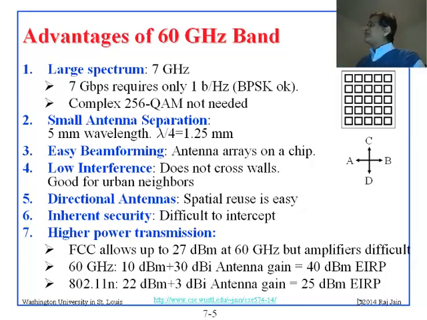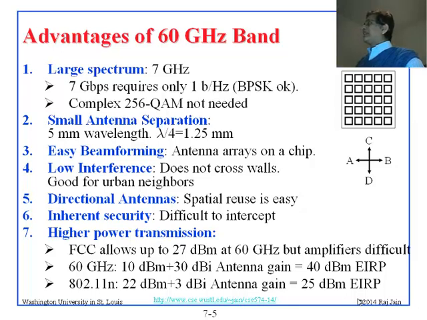And higher power transmission. FCC allows 27 dBm, but people cannot even find amplifiers at that power, so they use 10 dBm. Okay? And other countries allow 10 dBm for that reason, because they say if you cannot find an amplifier, why should we allow you that much? Alright, so let's see. At 60 gigahertz, you use 10 dBm and a 30 dBi antenna to get that 43.